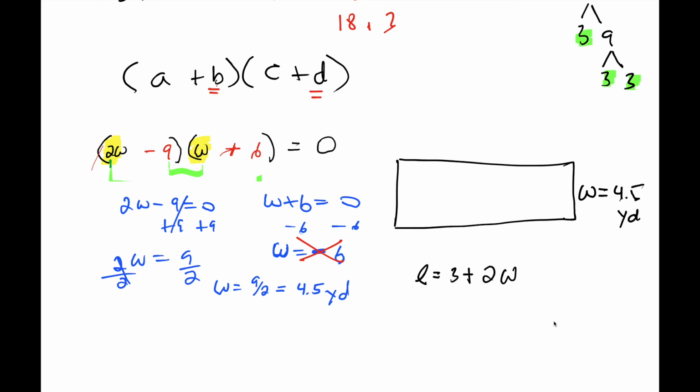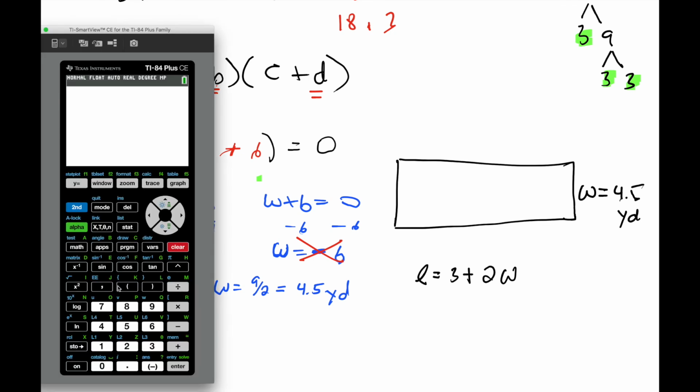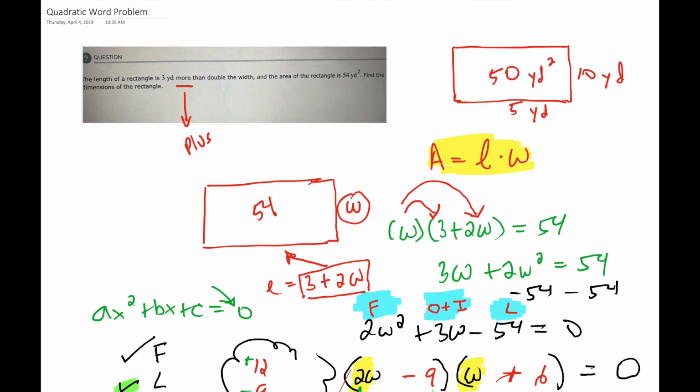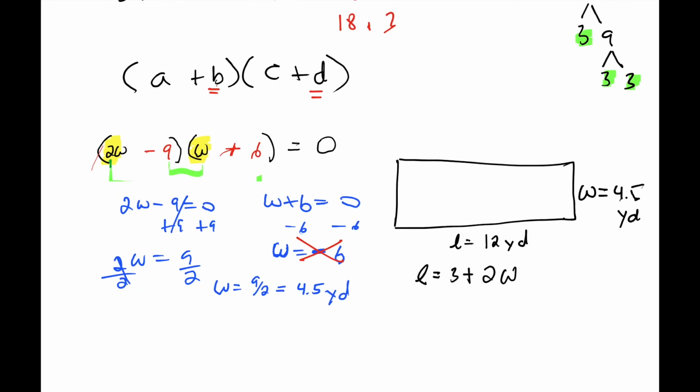So if we add that, hold on a sec. All right, so we got 3 plus 2 times our 4.5. We get 12. So then L is equal to 12 yards. I think that's, what are they asking for? Yeah. Yeah, so length is 12 and width is 4.5.